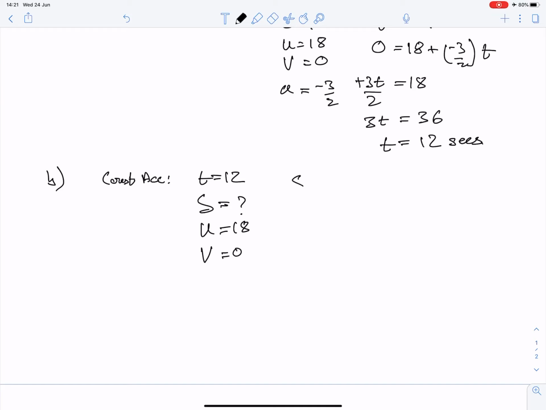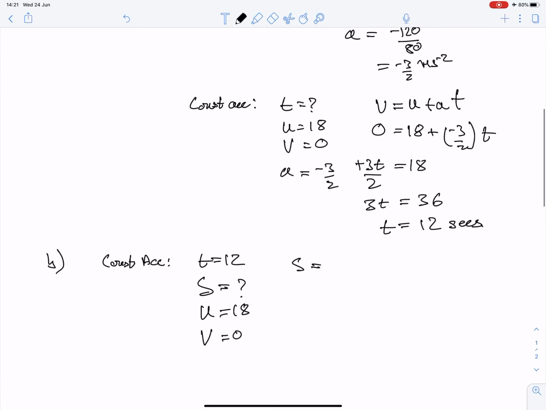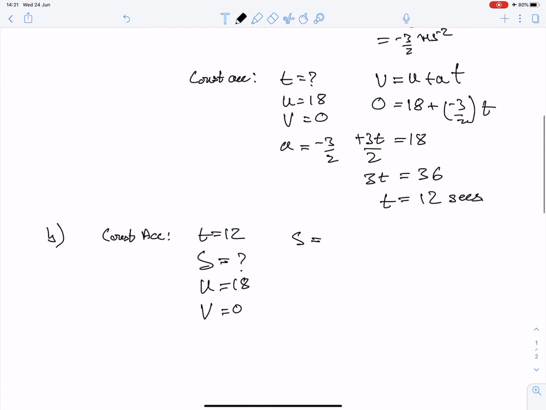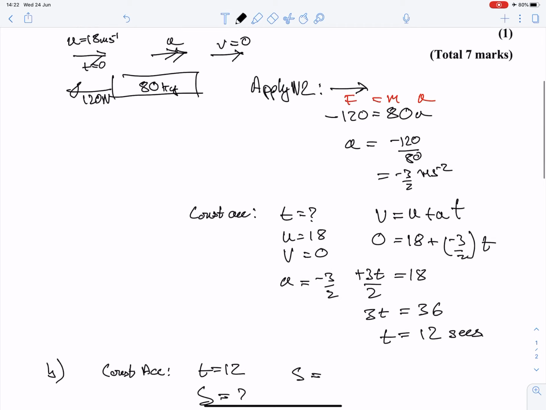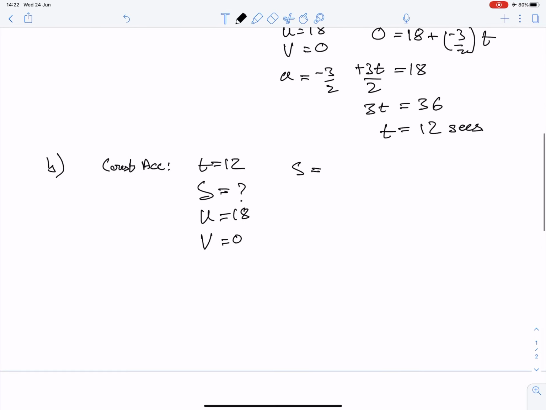So s equals... perhaps it would be better not using t because that was a calculated value, but so was the acceleration, to be fair. So if you're going to use a calculated value, it doesn't matter which one you use particularly, although t is further down the working.